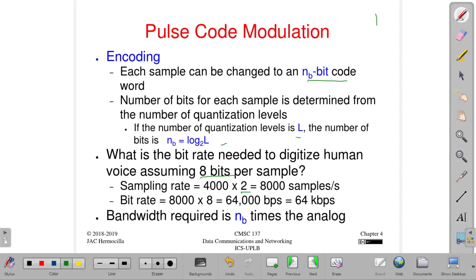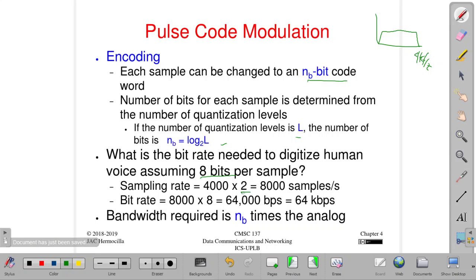So remember this plot, if we have a voice sound, this will be 4K Hz, 4 kilohertz. So the required sampling rate should be twice, at least twice.